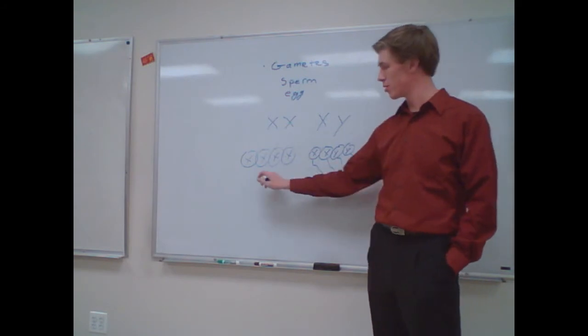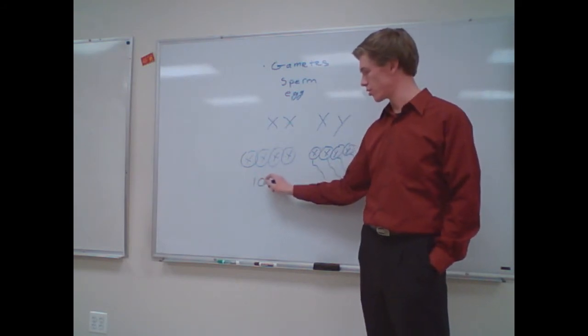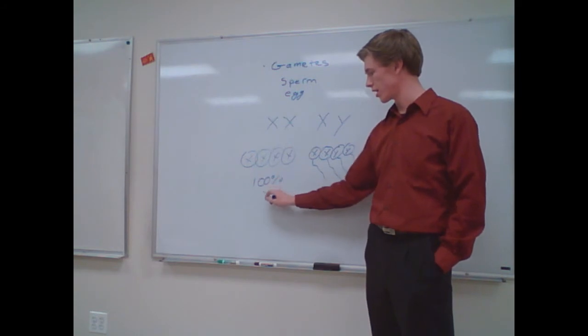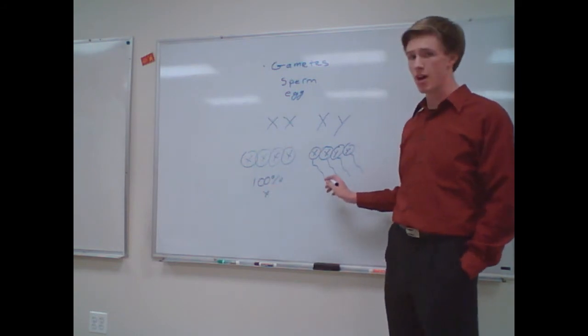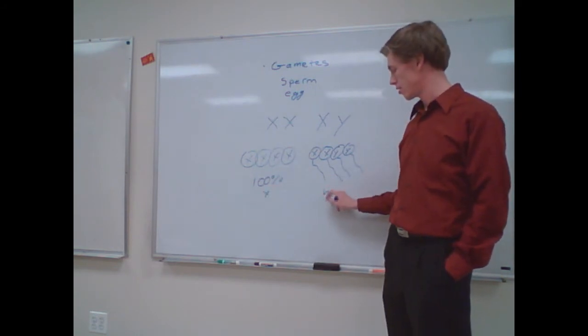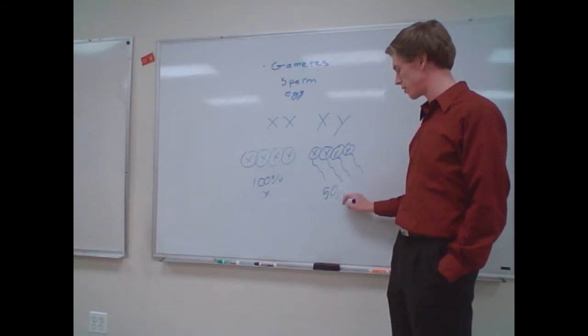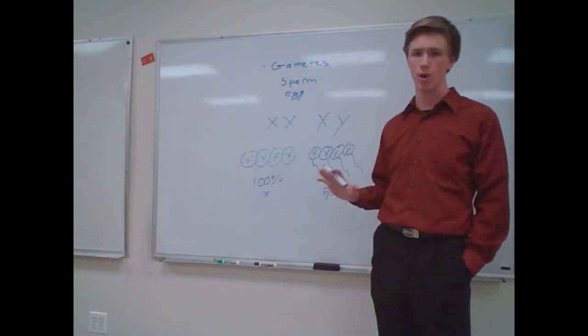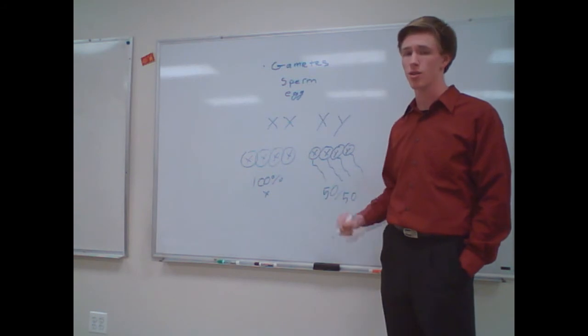This means that a woman has a 100% chance of giving an X, and a father has a 50-50% chance, alright? Or a 1 out of 2 chance of giving either an X or a Y.